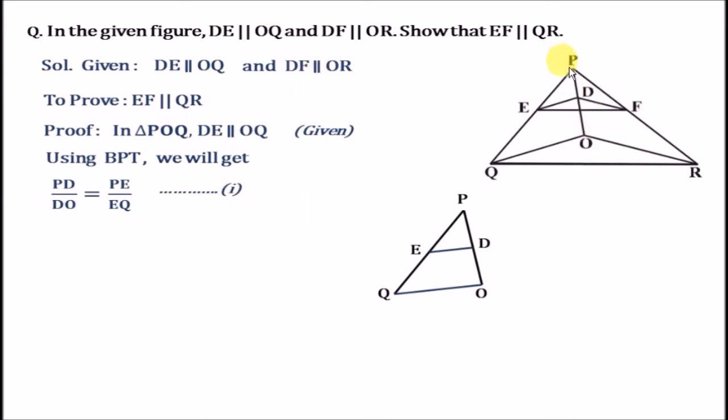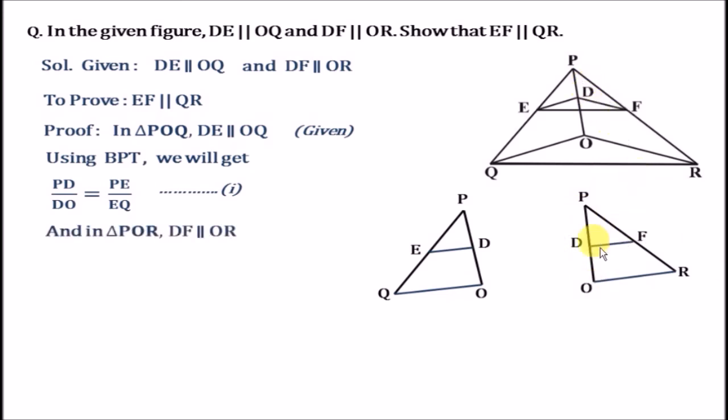DF parallel to OR can be worked out in the triangle POR. In triangle POR, we have DF parallel to OR. By BPT, DF will divide the two sides PO and PR in the same ratio. So, using BPT, we will get PD by DO equals PF by FR. We will put this as equation 2.